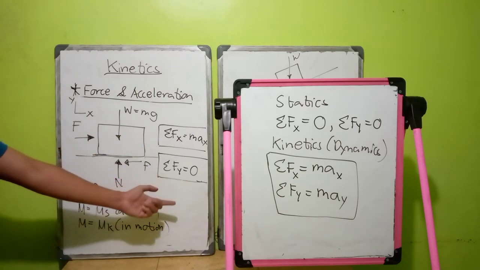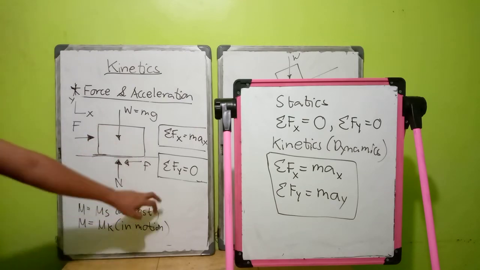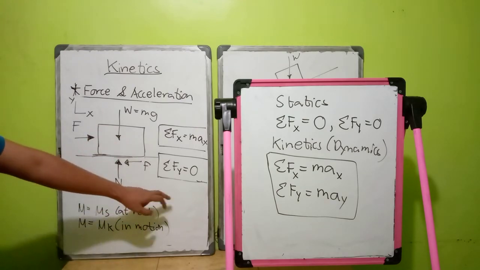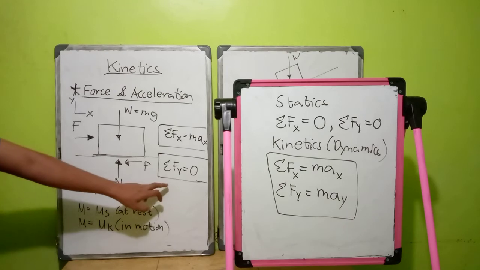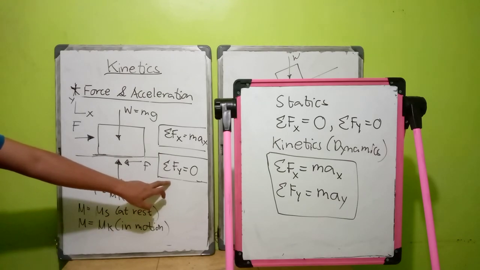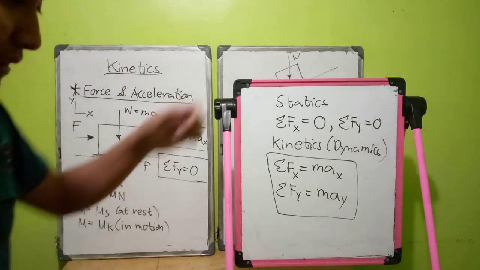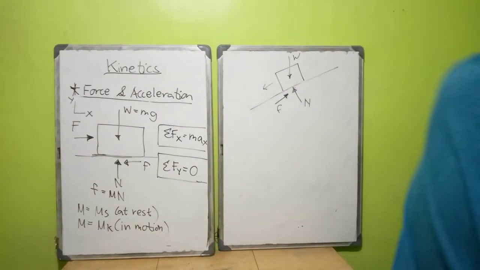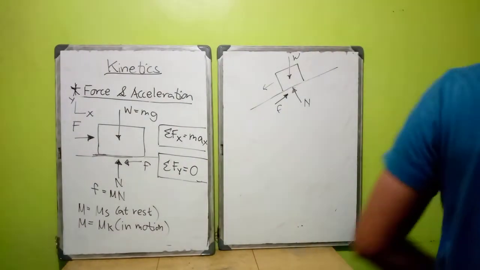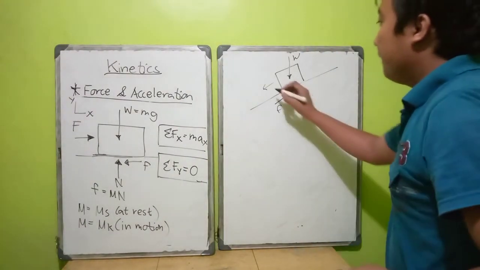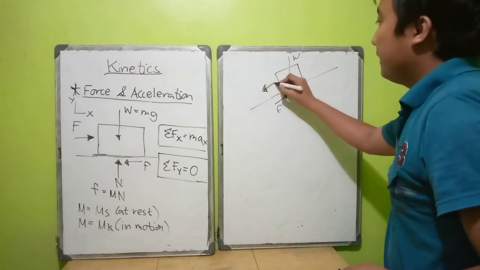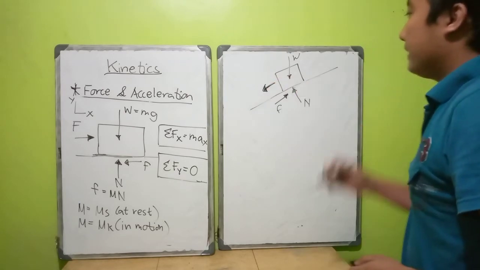So you use the concept of the first law, the law of inertia. I hope you understand. So it's not always the case that the sum of forces will be equal to mass times acceleration.